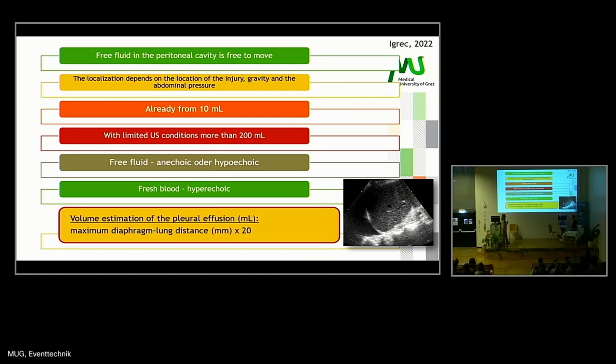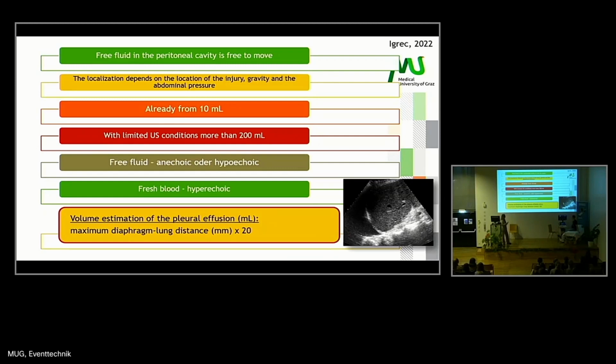In bad conditions, for instance, when we have a really obese patient or a patient who has much abdominal fat or a big belly, we are going to see it at more than 200 milliliters. Also, there is the situation when a patient is really meteoristic, so you don't see anything in the abdomen.